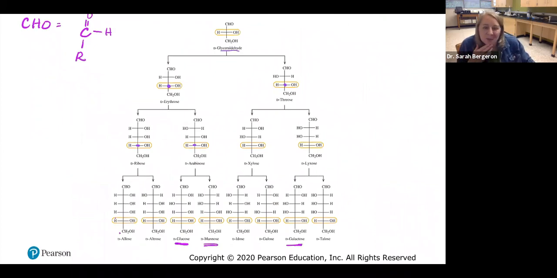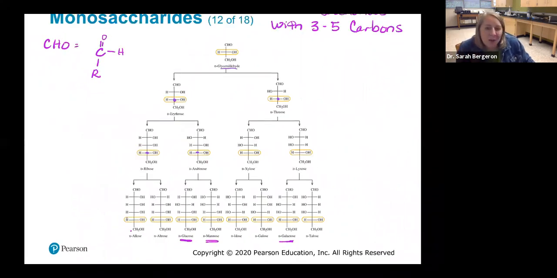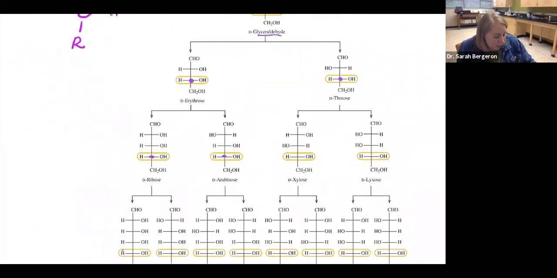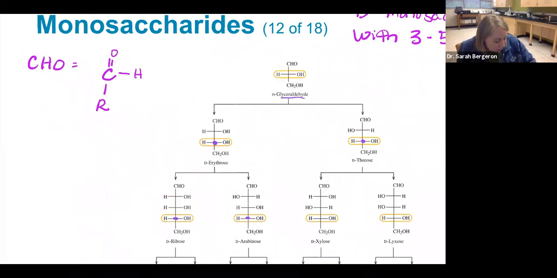There are a couple that are really important that we're going to talk about in detail, like D-glucose, like D-mannose, D-galactose, and we're going to talk about a few others. But there's one thing about this I do want to mention. When you're looking at these, I don't particularly care for the way they do this because they put this group up at the top, CHO. It's important that you remember that these are a carbonyl carbon.